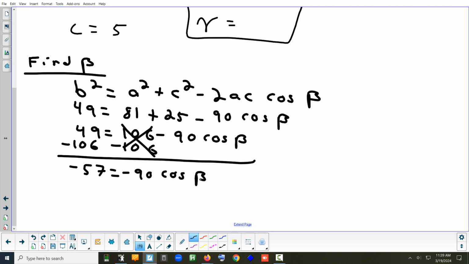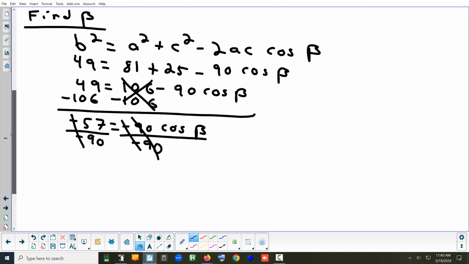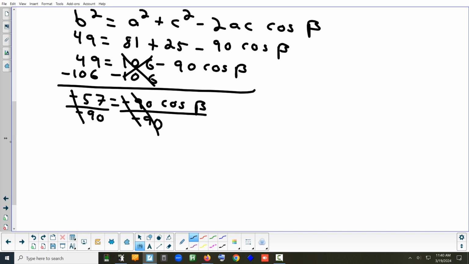What's the next thing that we move to the left? Yep, divide by negative 90. That cancels the negative and the 90 on that side. Also cancels the negatives on that side. And now all you have left is cosine beta. How do you get rid of cosine? Inverse cosine.